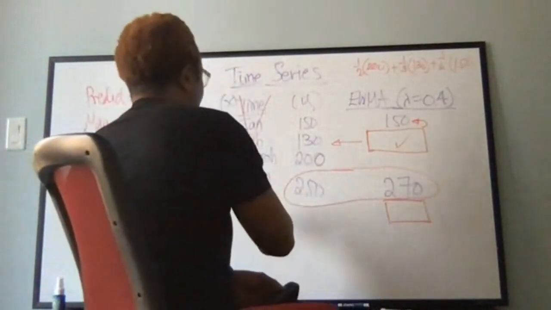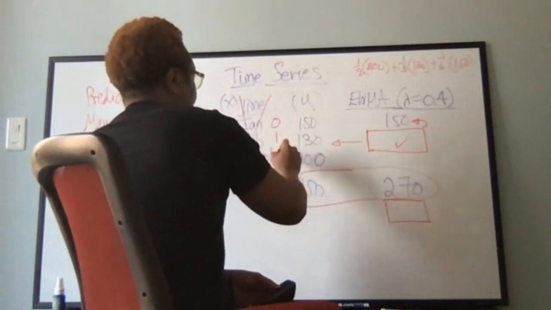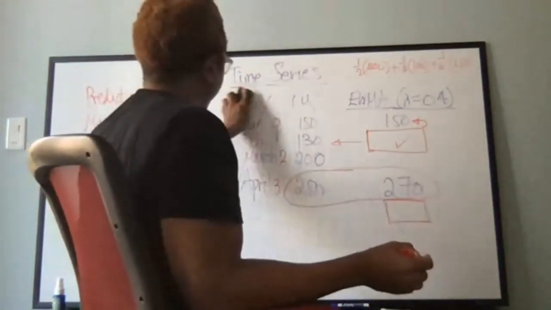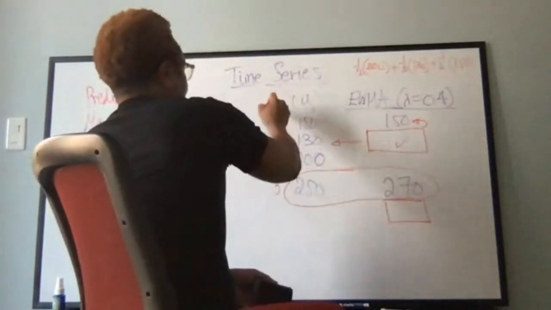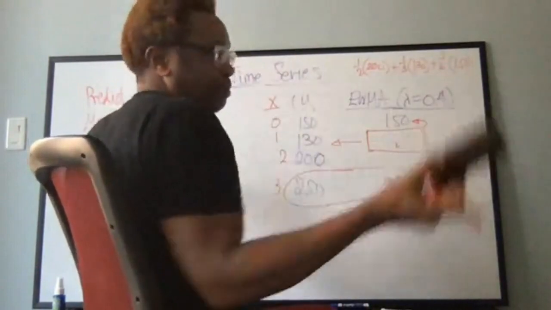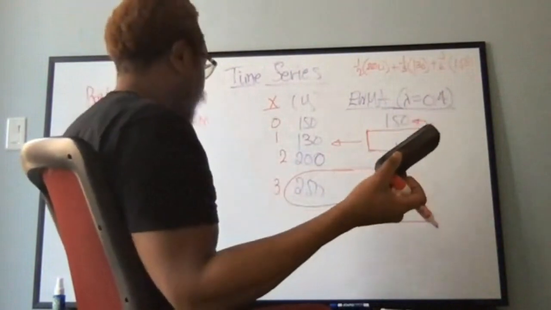This becomes 0, 1, 2, 3. And now I do regression on this. This becomes my X, this becomes my Y, boom. Put the information in Excel and then look at the printout, right?